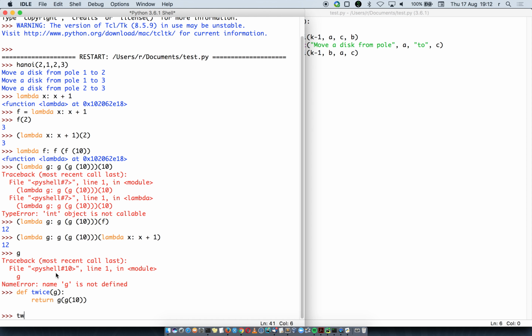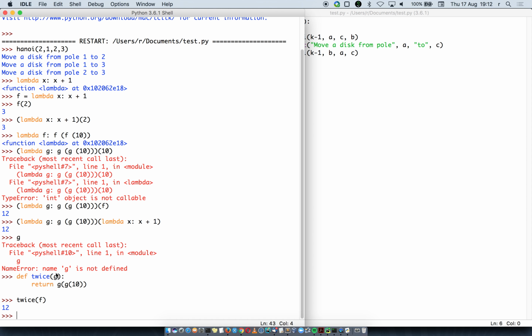And if I say now twice applied to f, I get 12, right? So I'm applying f twice. So based on this definition, you wouldn't expect that g would exist in the global environment, right?